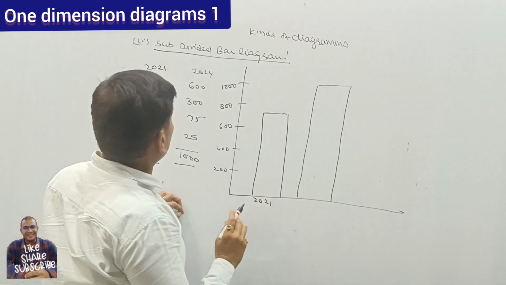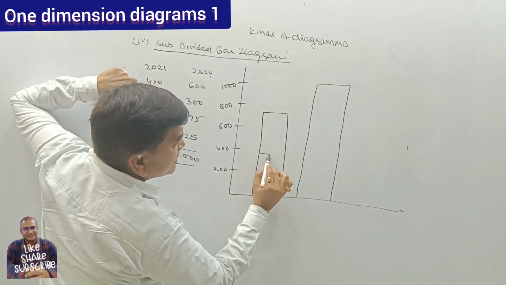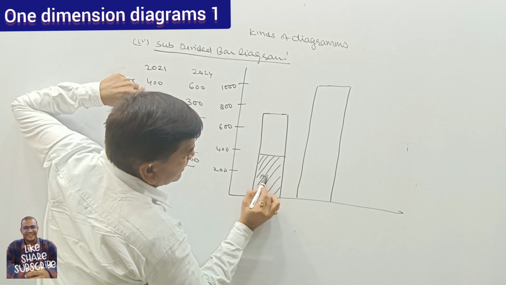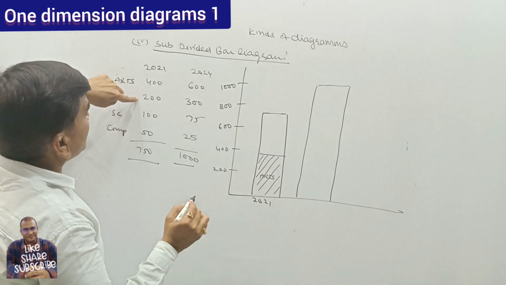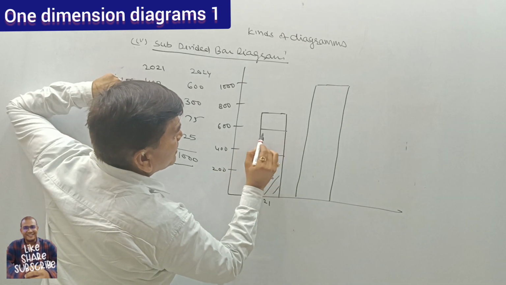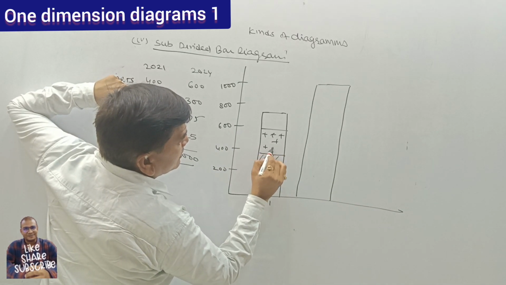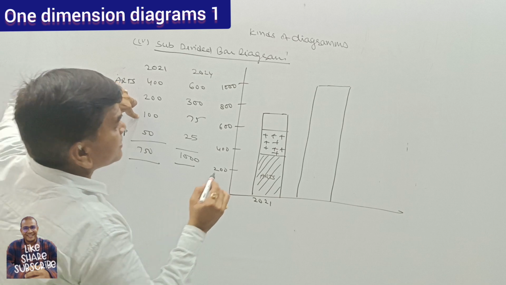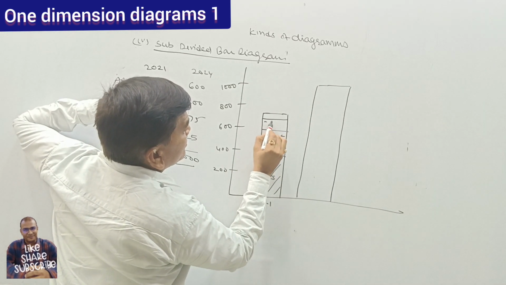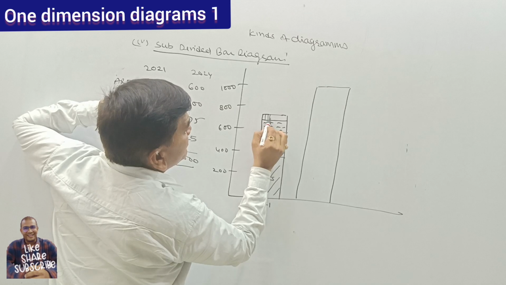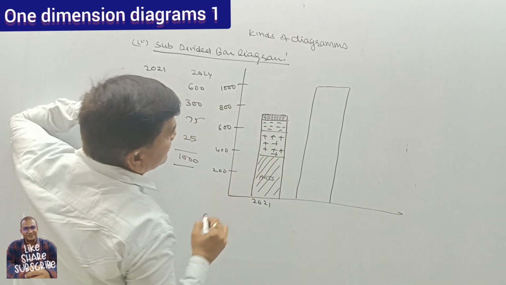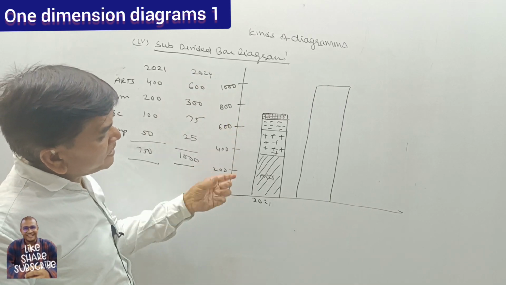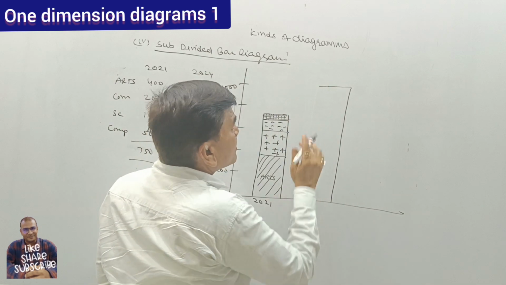First is 400, so we say it is arts. Second 200 is commerce. Then 100 is science, and last is computer science. So this is the subdivided bar diagram. The width is also the same.